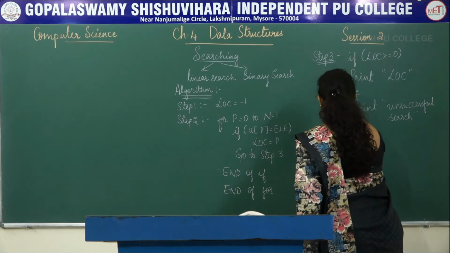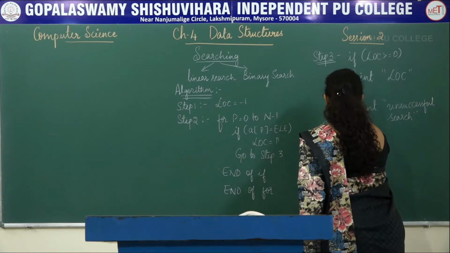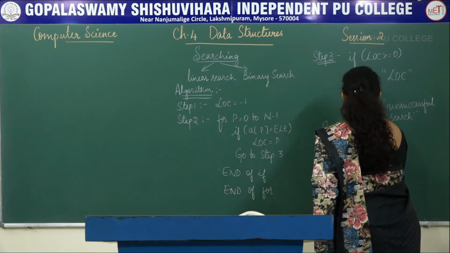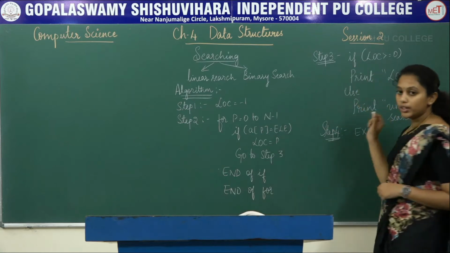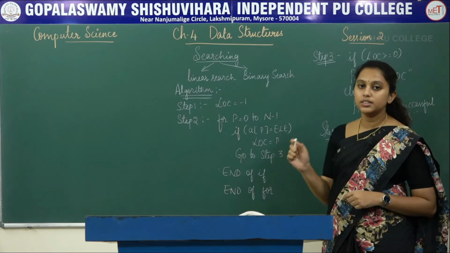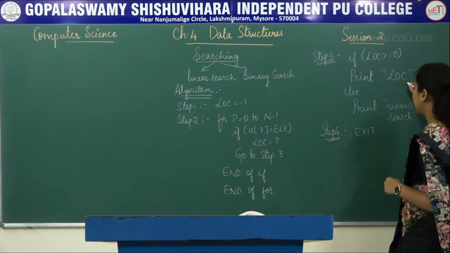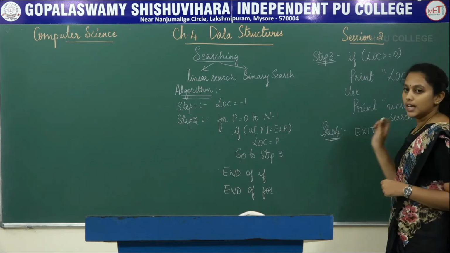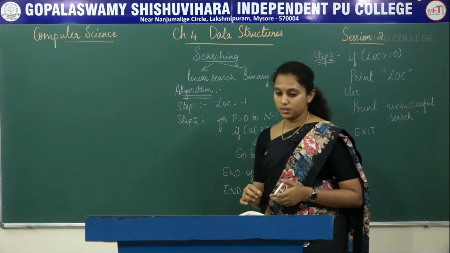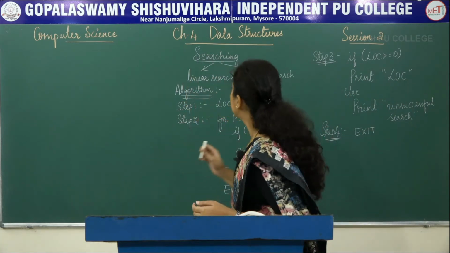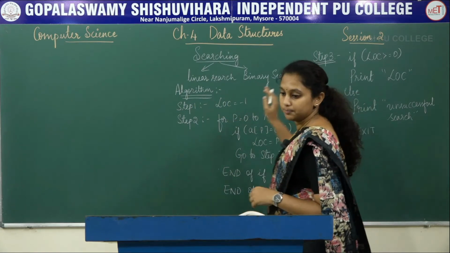Step 4, exit. If the location of an element is found, then we have to print the location, else we have to print unsuccessful search. So now let's trace this algorithm.